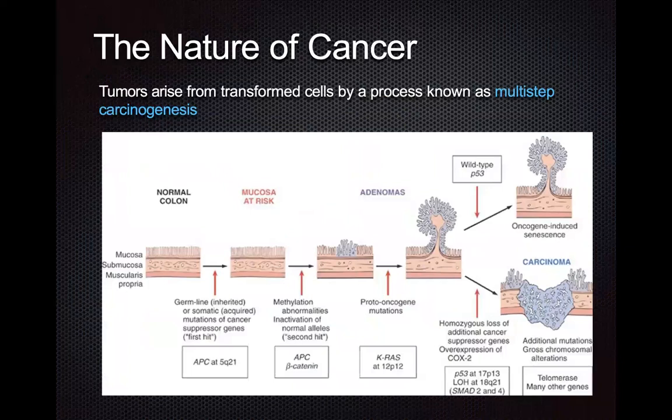So let's talk about the nature of cancer. Tumors arise from transformed cells by a process known as multi-step carcinogenesis. So what is multi-step carcinogenesis? For a disease to be diagnosed as cancer, it goes through several steps.